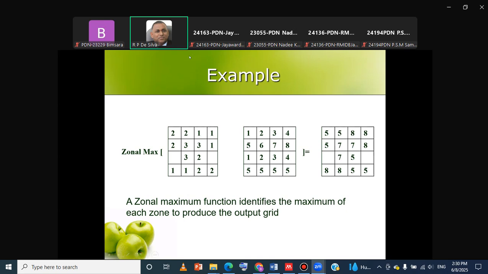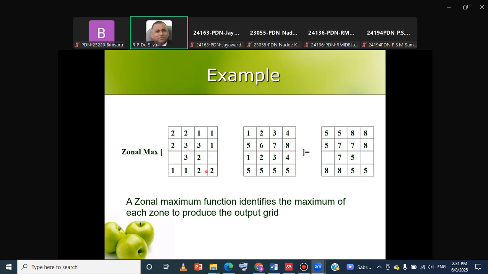One is here, one is here, and again another zone 1 here. So both are the same zone, located in vastly different places. If you look at zone 2, you have zone 2 here and zone 2 here.